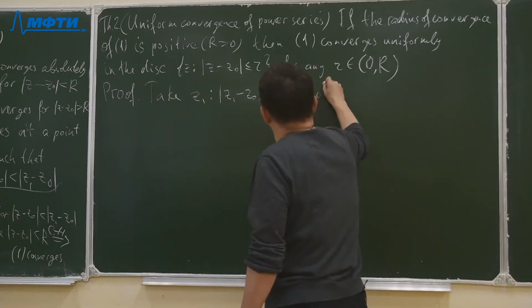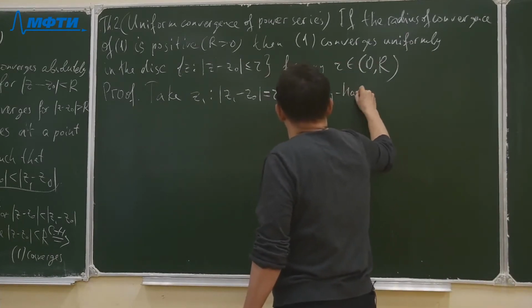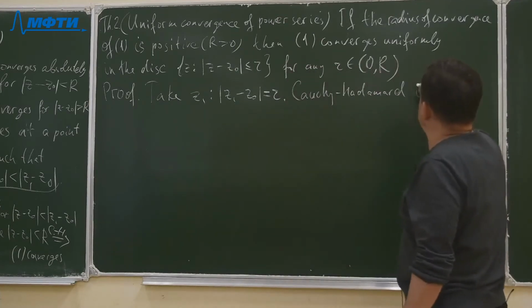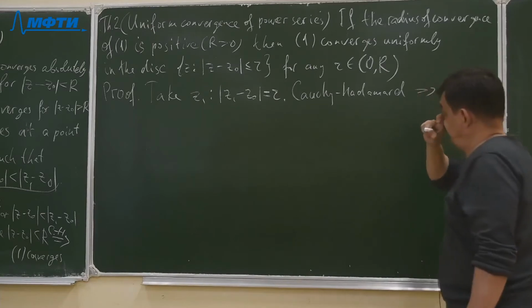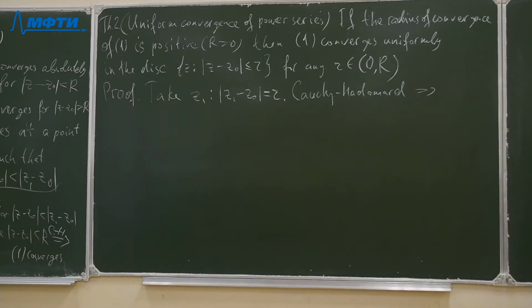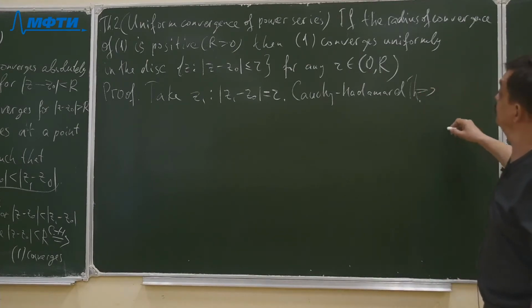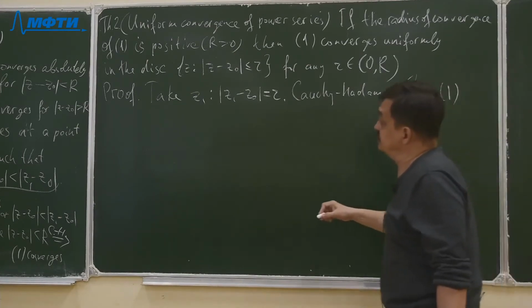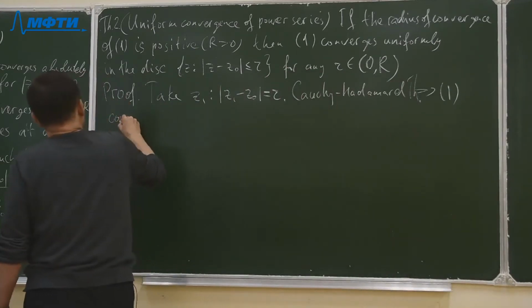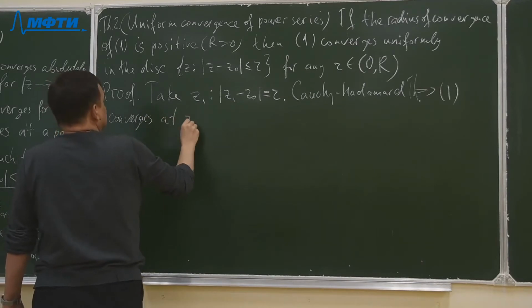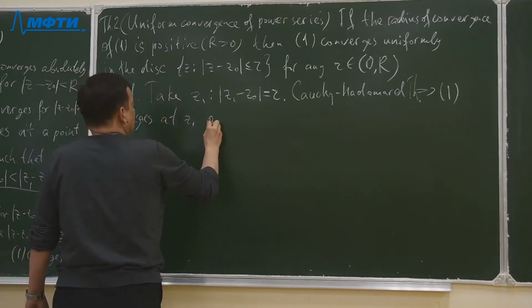The Cauchy-Hadamard theorem implies that (1) converges at z1 absolutely.